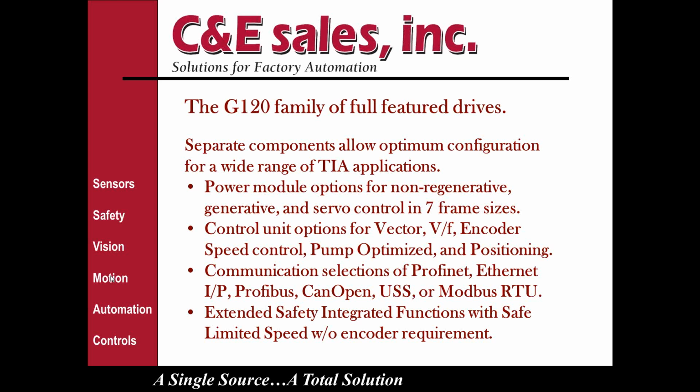So you can do safe limited speed without encoder feedback, and now with the G120S or G250S, you can also have encoder feedback for safe speed limiting. That's very useful for applications where you need to control the speed at a slow level for maintenance purposes, or to release safety gates when the speed has been confirmed to be down at zero speed.